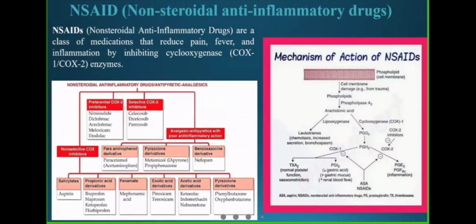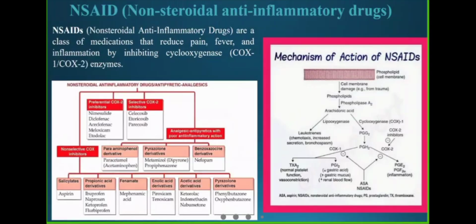So the major classification of NSAIDs includes non-selective COX inhibitors. These are agents that are not selective to either COX-1 or COX-2. They can bind to either enzyme. Examples include aspirin, ibuprofen, naproxen, mefenamic acid, and so on.